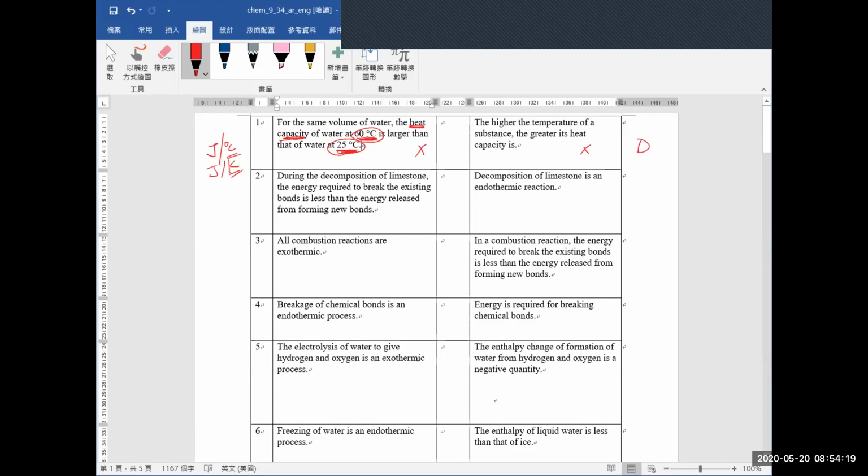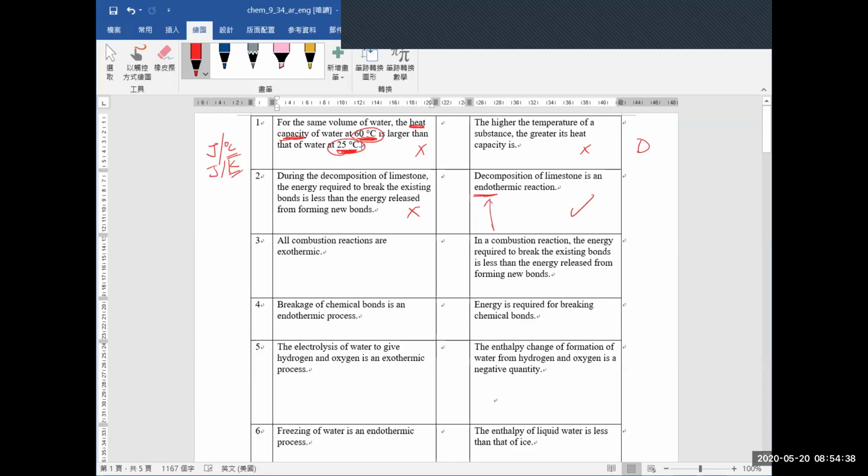Question 2, Wu Galam. During the decomposition of limestone, the energy required to break the existing bond is less than the energy released from forming new bonds. So what is the hidden message? You will tell whether this type of reaction is endo or exo. Now this is an endothermic reaction, but take a look at the terms.